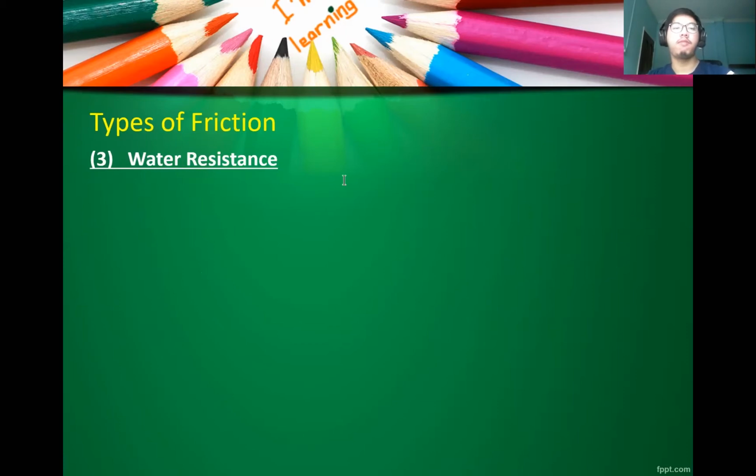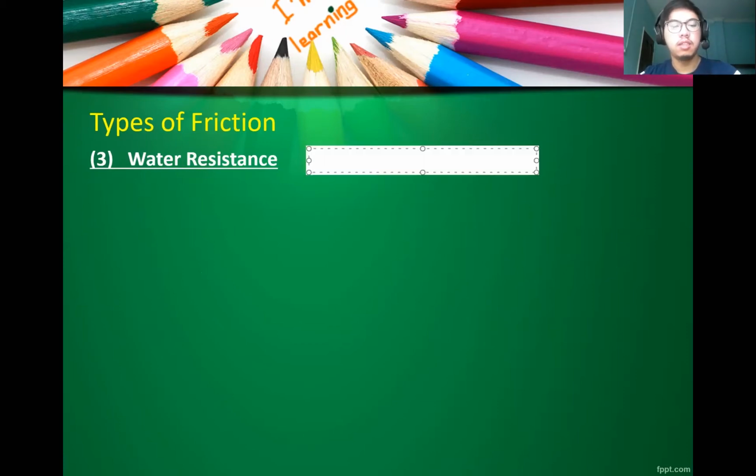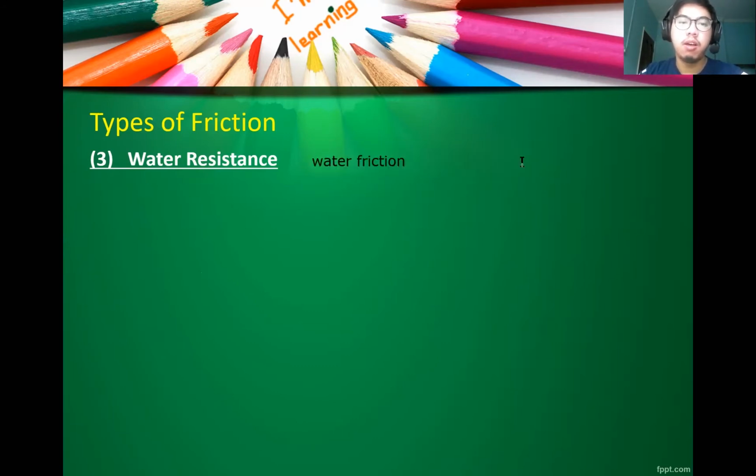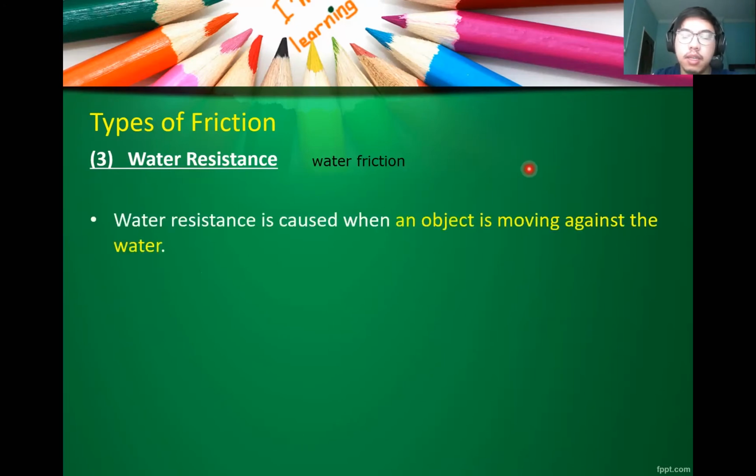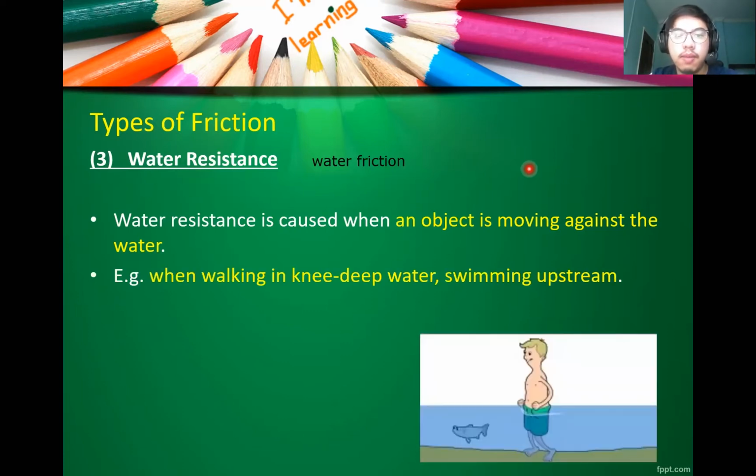The third type of friction is called water resistance, or you can call this water friction as well. This type of friction is similar to air resistance, but in this case, we are dealing with water. Water resistance is caused when an object is moving against the water. For example, when you are walking in knee-deep water, you can feel water resisting against your movement, or when you are swimming upstream.